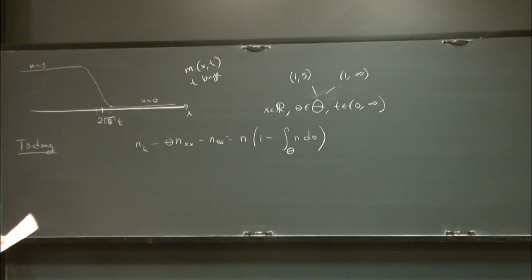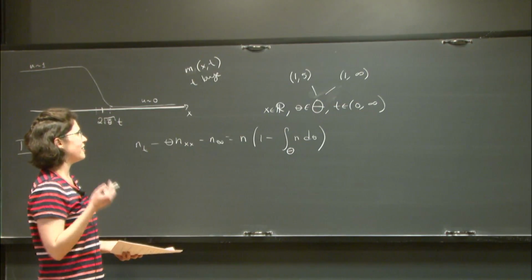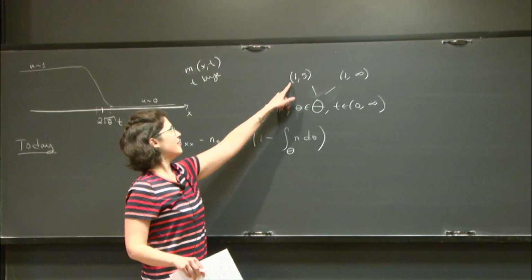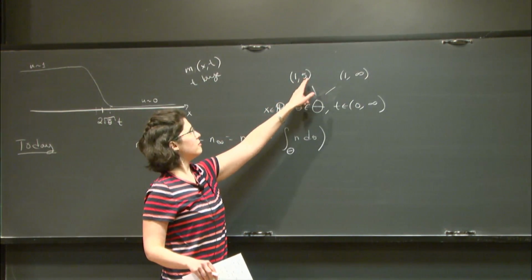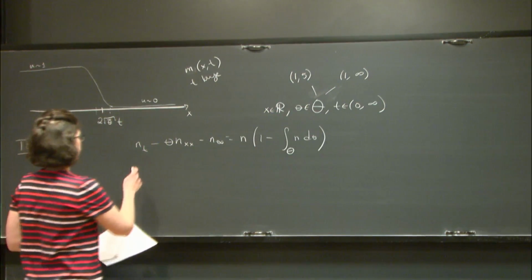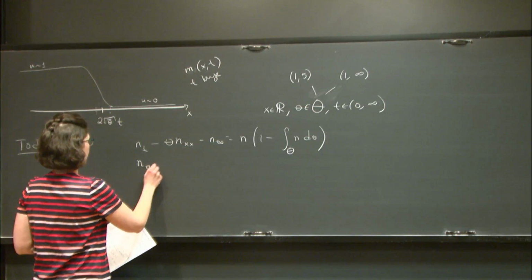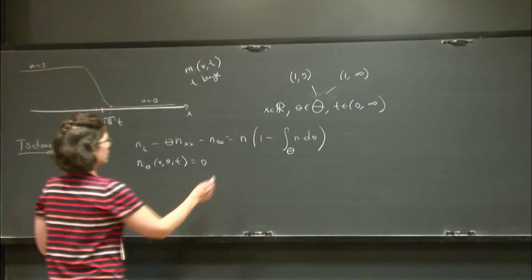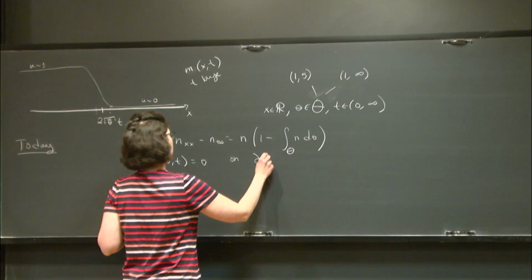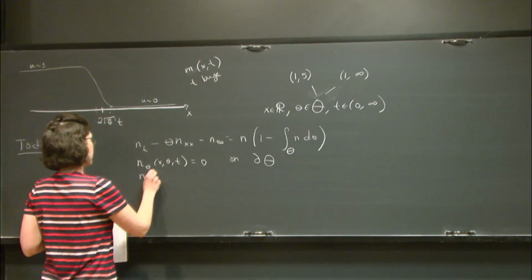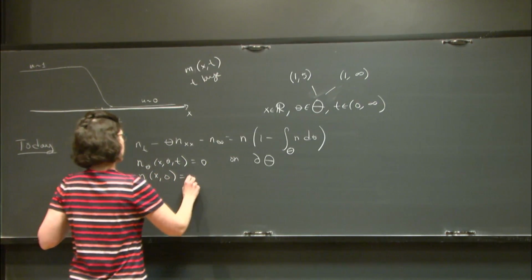So in everything I say today, any constants that appear will depend on what these numbers are. This has Neumann boundary conditions on the boundary of this trait space, and again has positive initial data.